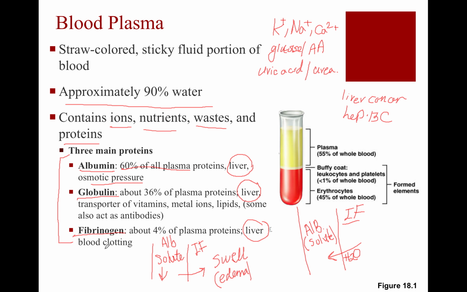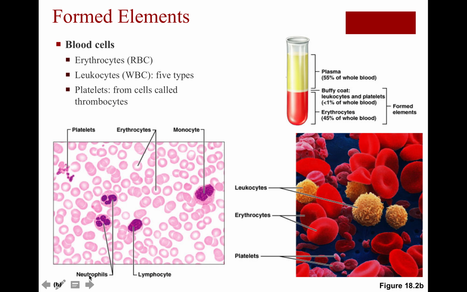Lastly is fibrinogen, which is about 4% of total blood plasma. It's still made by your liver. Its role is blood clotting, which means this protein works with the cell types we talked about earlier, called platelets, to make sure that if you do have some sort of cut or damage to your blood vessels, they can be healed easily.